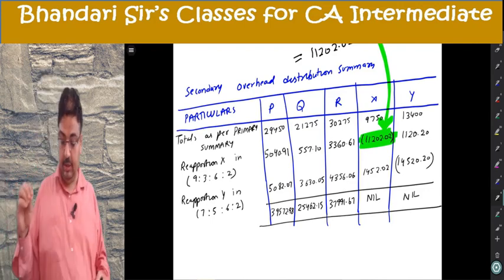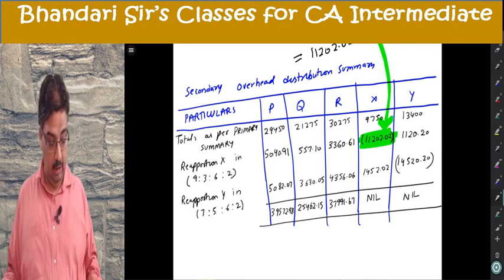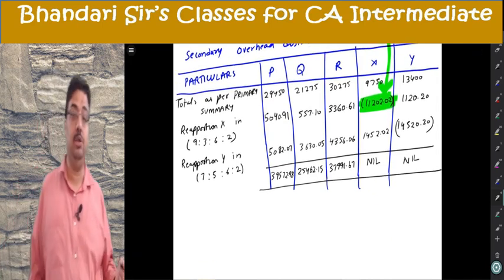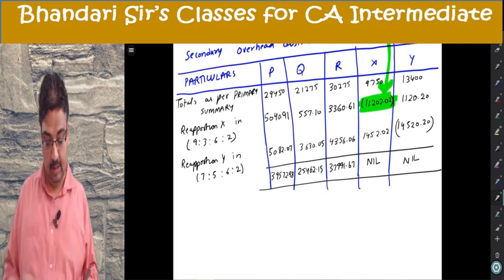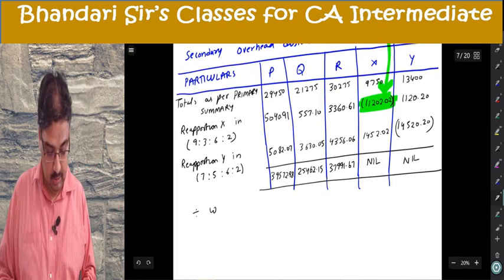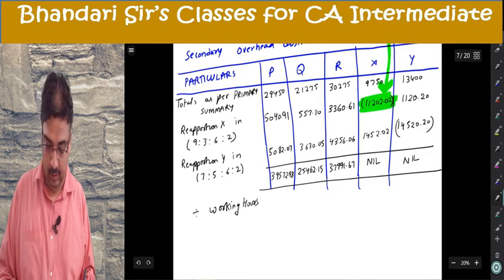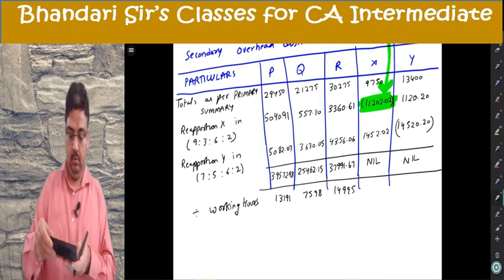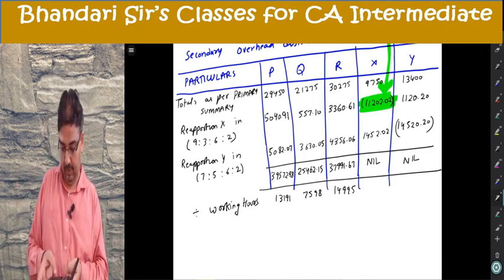Now, having reached there, I will divide them by working hours to get hourly absorption rates. Divide by working hours, 13191, 7598, 14995. 14995.